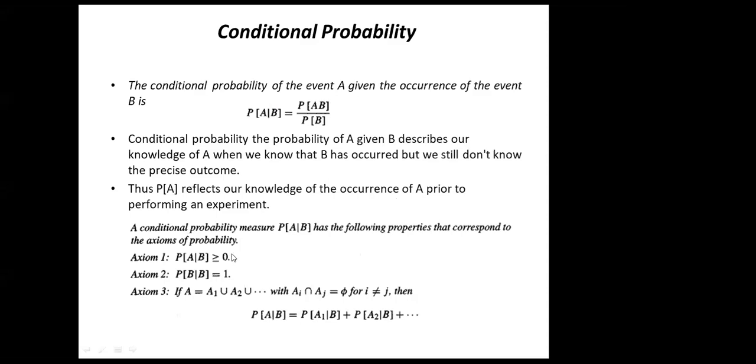It is a similar kind of axioms. It will be positive. If the condition is already fulfilled, then that probability will be equal to 1. And for mutually exclusive events, if I union them, the probability will be equal to the sum of the individual event probabilities.